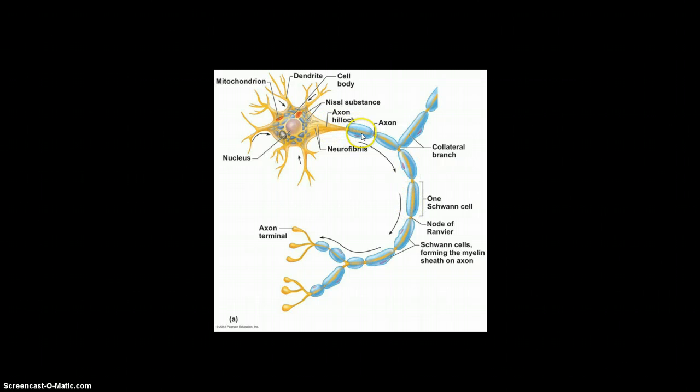So it provides for a quicker transmission of information when the distance from the central nervous system is longest, which it is outside of the spinal cord or brain. The distance is longest, so by saltatory action, jumping from node to node, the impulse gets to the muscle or the gland more quickly.